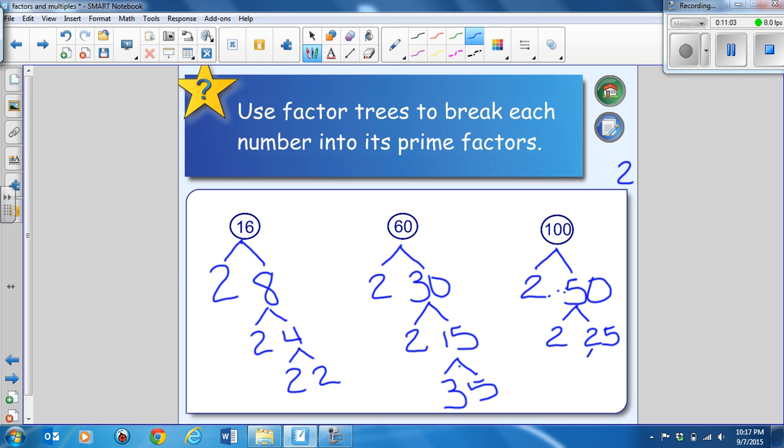And then I can divide 25 by 5. So my prime factorization is 2 times 5 times 5. And there should be another 5 right down here. So I'm going to go ahead and add that. So 2 times 2 times 5 times 5.